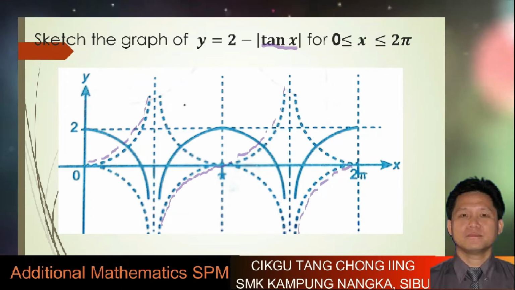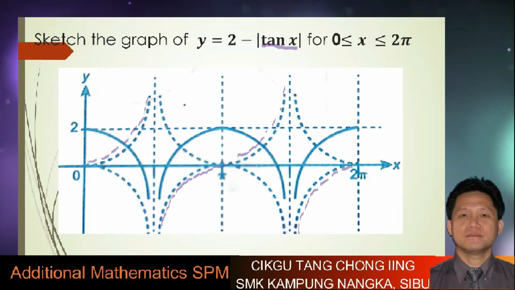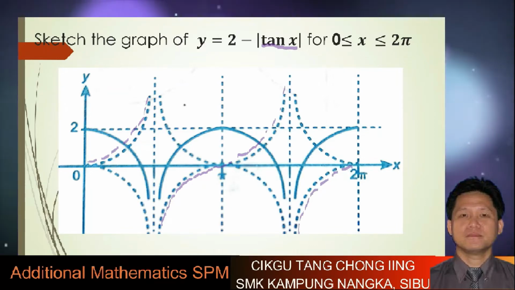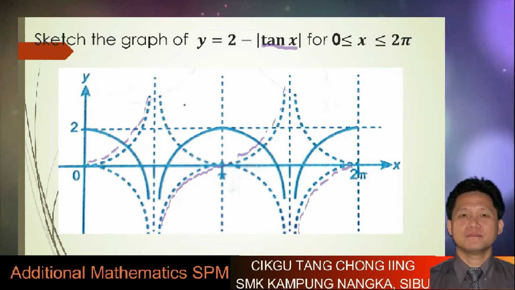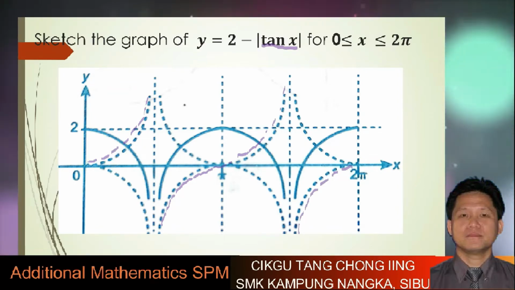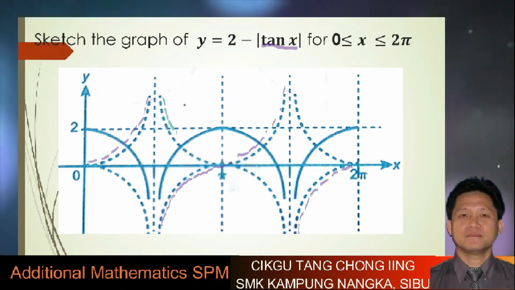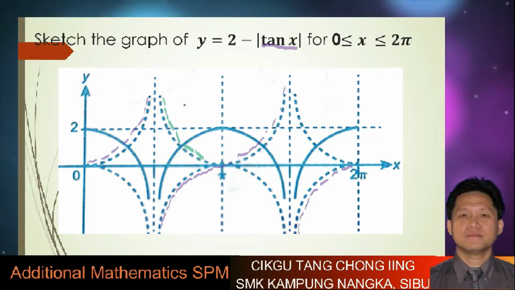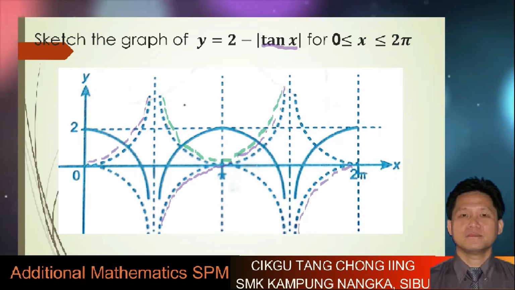Then we look at the modulus. So for modulus, it means the negative part now becomes positive. So for the first part, no change. For the second part, it will go up here. It will come up here and continue to the third quadrant.